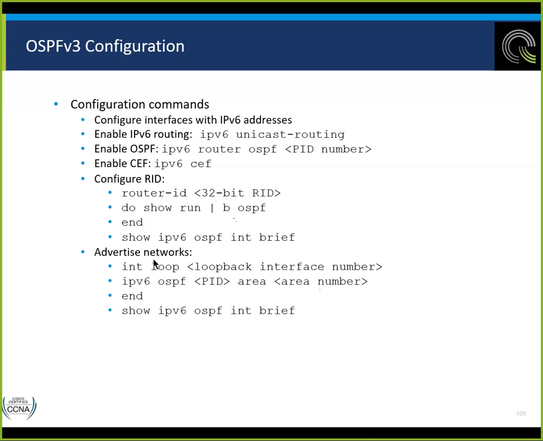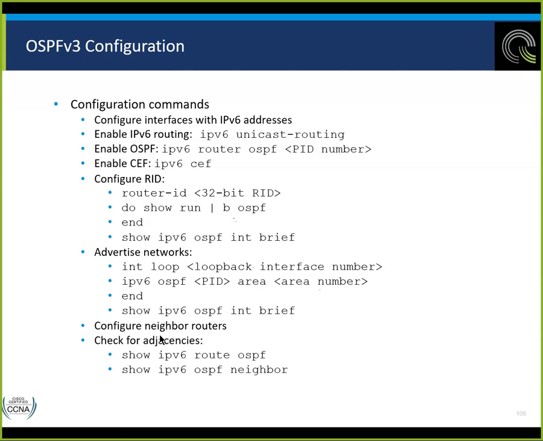Once that happens, we advertise the networks. Advertise the network on interface loopback: IPv6 OSPF, the process ID, and then the area. Those are configurations that are going to be on the interfaces themselves, and that's what I wanted to show on that one, and hopefully that made sense.